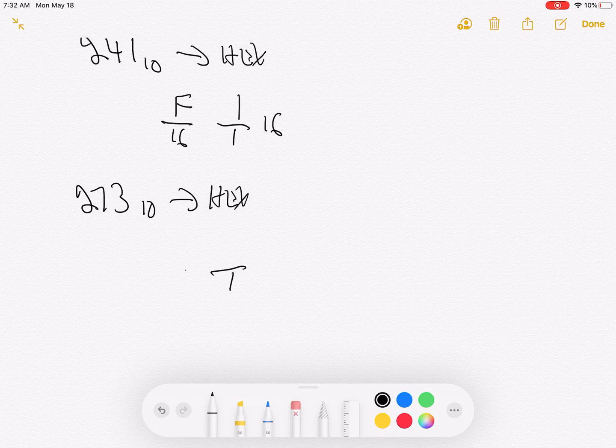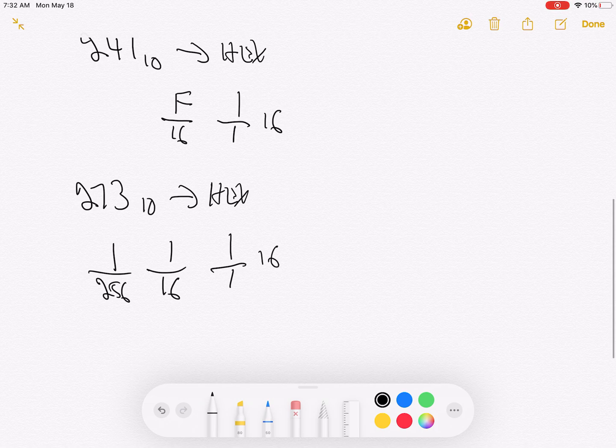So I go 1, 16, 256. How many 256 goes into 273? 1. Okay, well, what's left? 17. How many 16s go into 17? 1. What's left? A 1. Okay, and this would be 111 base 16.